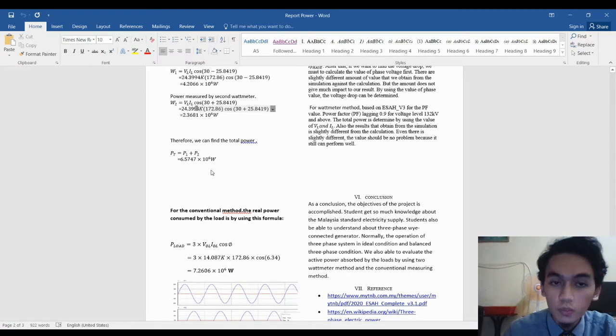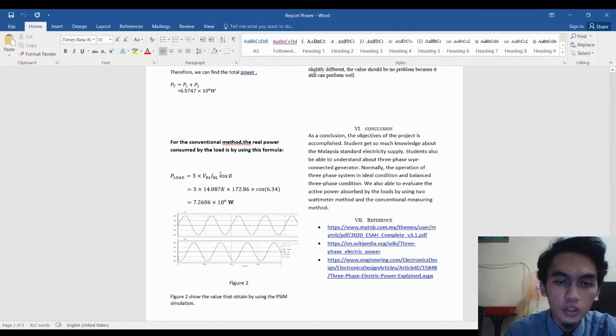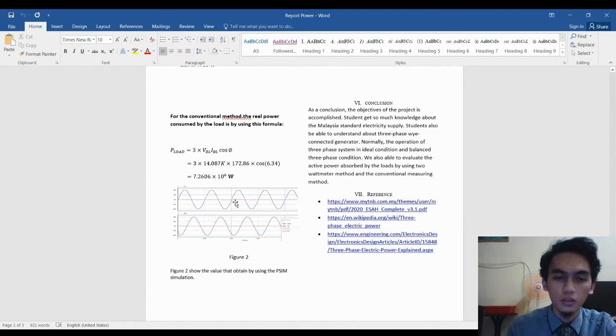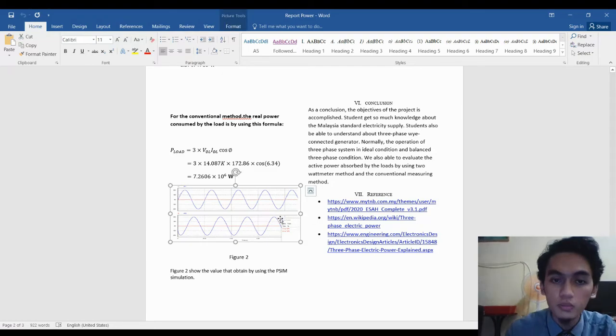So the total power is 6.5747 times 10 to the power of 6 watt. For the conventional method, the real power consumed by the load using the formula is 7.2606 times 10 to the power of 6 watt. This is the graph that we get, the values shown by using the PSIM software.